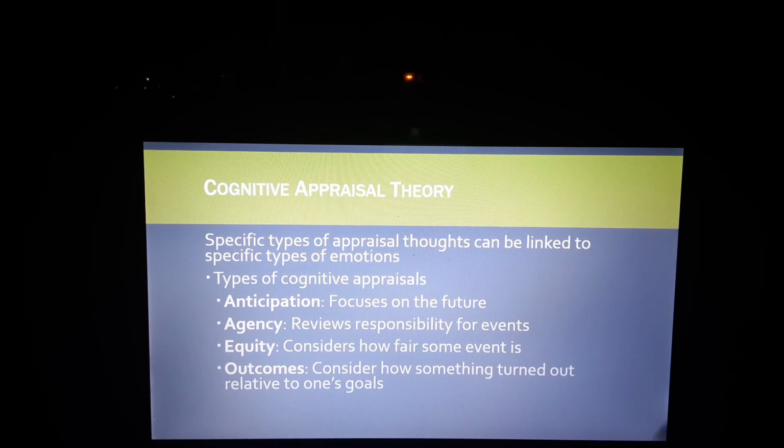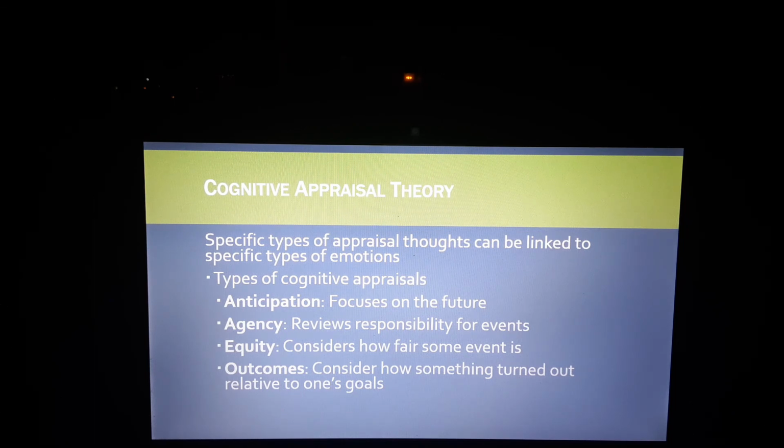Okay, so the cognitive appraisal theory, so this idea of how do we think about things, specific types of appraisal thoughts can be linked to specific types of emotions. So we'll talk about a couple different types of cognitive appraisals. Anticipation, which is like what do we expect of it? How do we see ourselves with this product in the future? How involved are we with it?